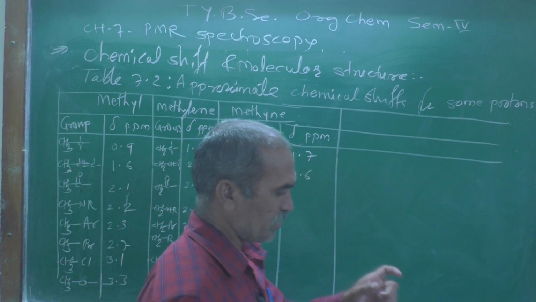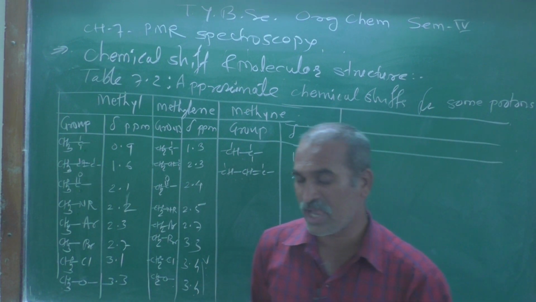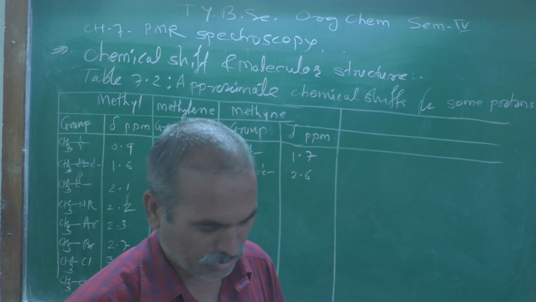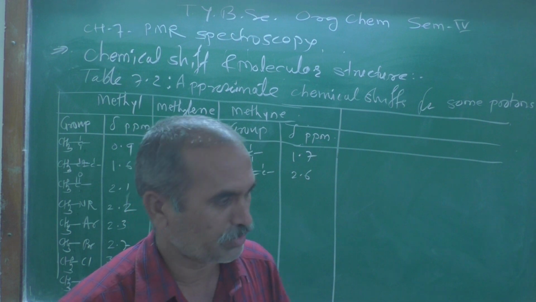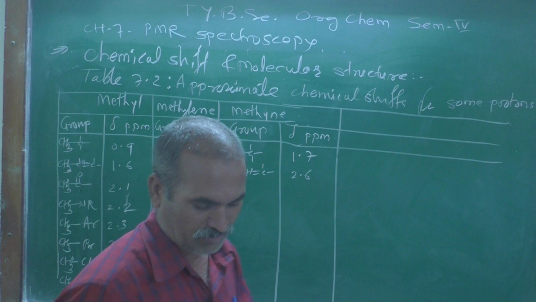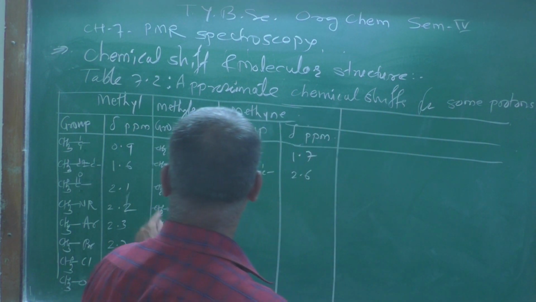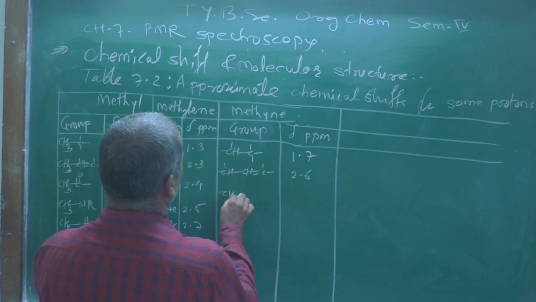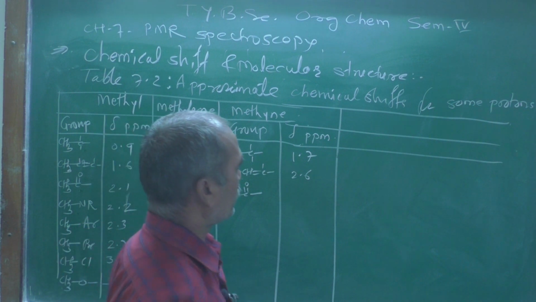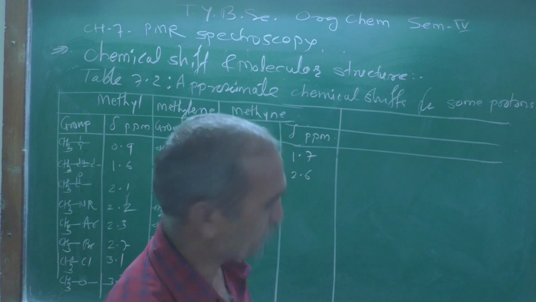These are approximate values, which are very useful when you are assigning an unknown organic compound, when you are going to derive the structure of the unknown organic compound. So suppose there is CH further attached to a carbonyl group, and the chemical shift value is found to be 2.5.